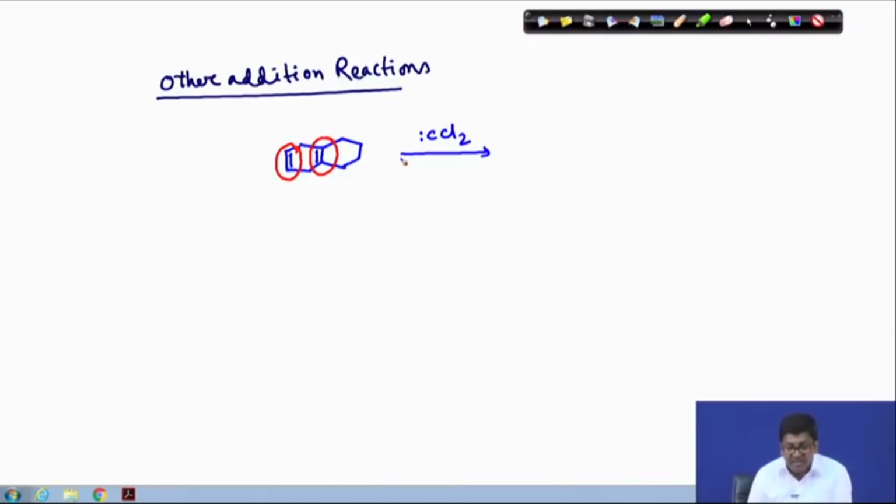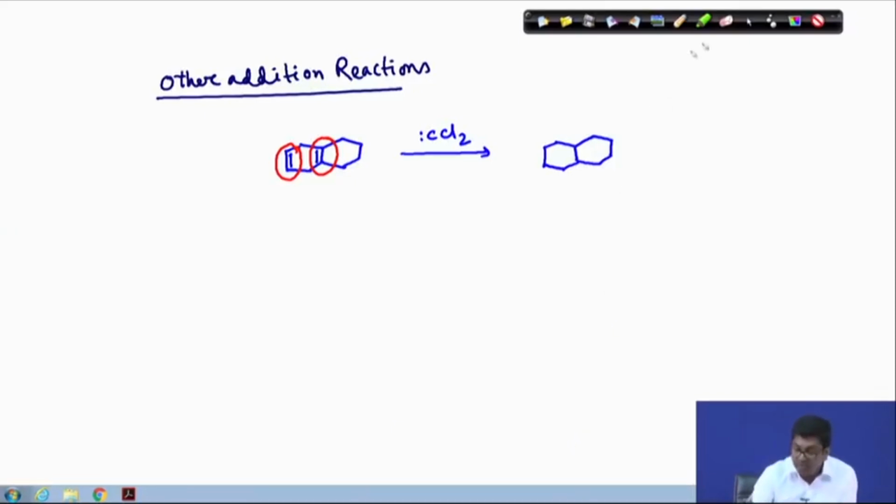Okay. In this case, what will happen that first, there are two possibilities that it can react here or it can react here. As you have seen, this double bond is highly substituted and more electron rich.